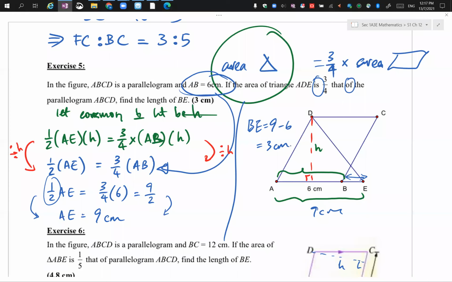Then I realized that you can shift this, because these two are triangles, right? Then you can shift it longer for B to be here instead. So this is the length of the bottom of the triangle, and then this is BC. Then you realize that this is actually one and a half of this. So when you know this is 1 and a half of this, then just divide by 2.